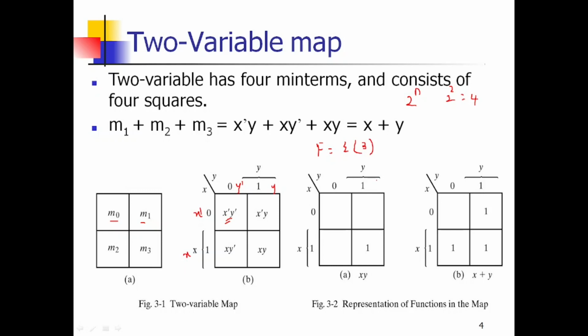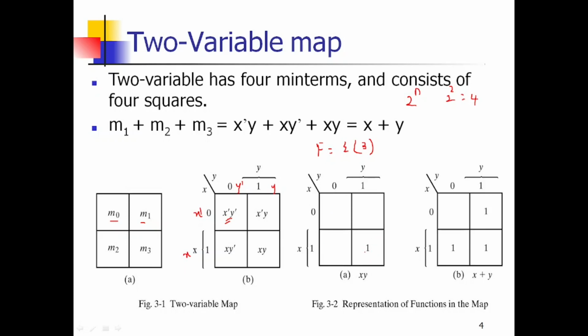For this we have to plot 1 for the minterm 3 in the K-map. 3 is M3, so the 1 is plotted here.